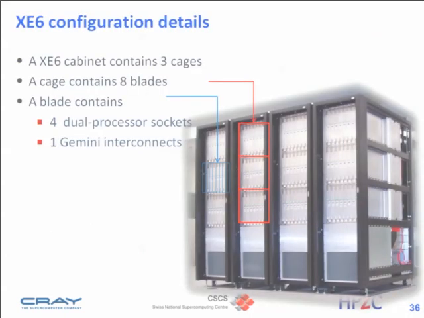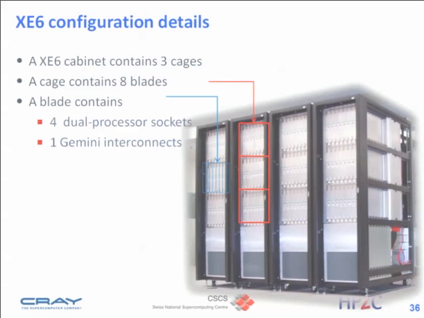Okay, now let's have just an idea of how these things are built. And this is a typical, so to speak, XE6 or maybe XT5 machine. They are about the same. Then you have these things that are called cabinets, right? Within the cabinets, you have three layers of boards, and they are called cages.